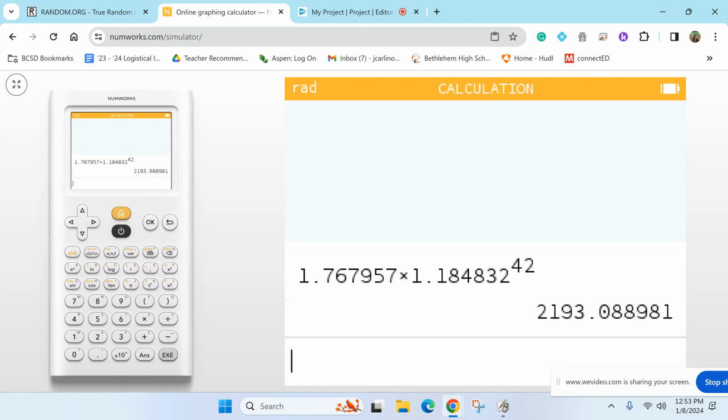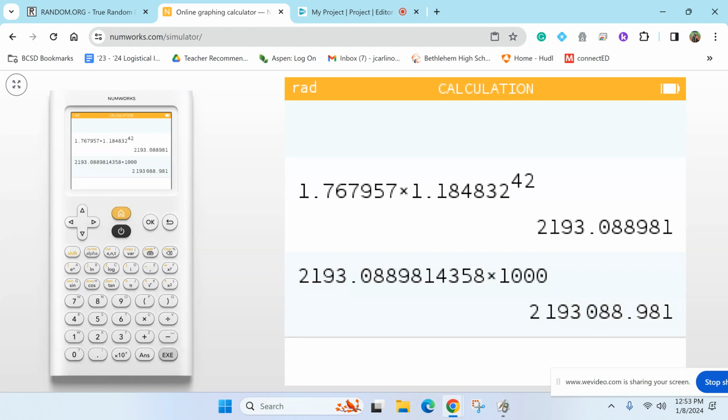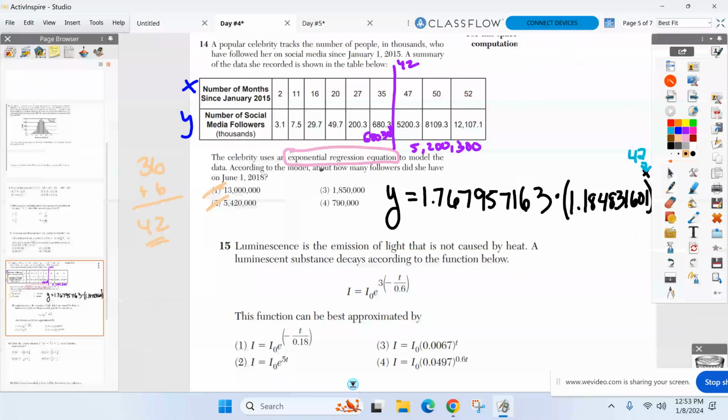But remember, that's in thousands, right? That's not my final answer. Right, everyone remember that? So I got to multiply that by 1,000 because it's in thousands. Now look, I know that's not a choice, but we're not looking for that; according to the model, about how many followers.